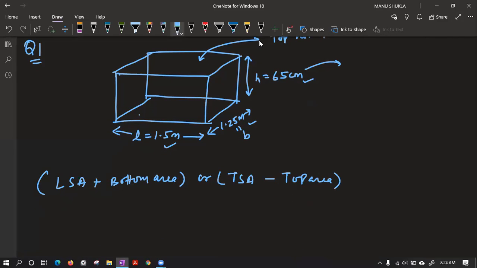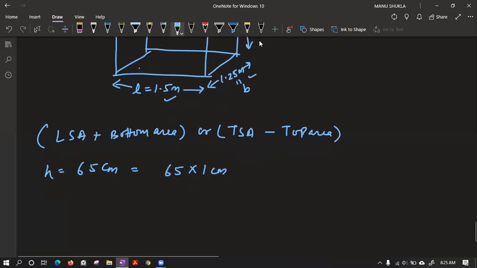So first thing we will say, h is equal to 65 centimeter. It can be written as 65 into 1 centimeter, and this 1 centimeter can be written as, class please tell me, 1 centimeter can be written as 1 upon 100 meters.